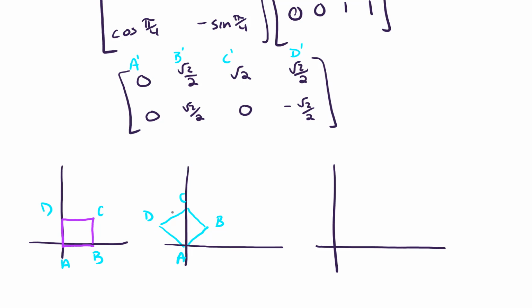If we take this and reflect over our line y equals x, A will still be at the origin, C will be over here, so this is over root 2, up 0, so that's our new C prime. Where is B? B got reflected. That's actually still where it was because it was right on that line, y equals x. And vertex D is over here.